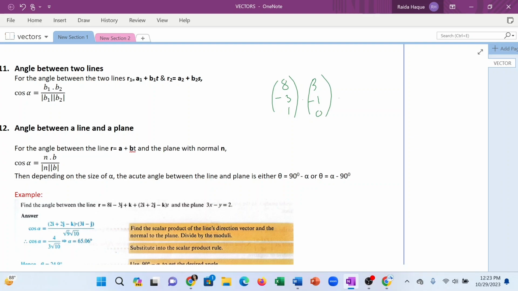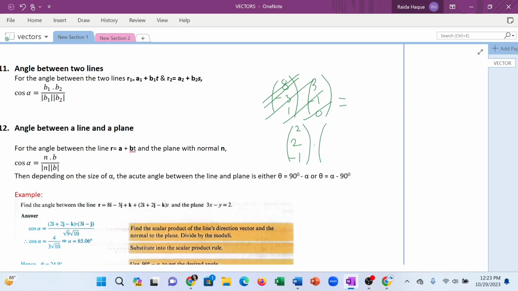So for the dot product, it is very simple. All you do is you need to do the dot product of the direction vectors, right? So it is 2 minus 1.